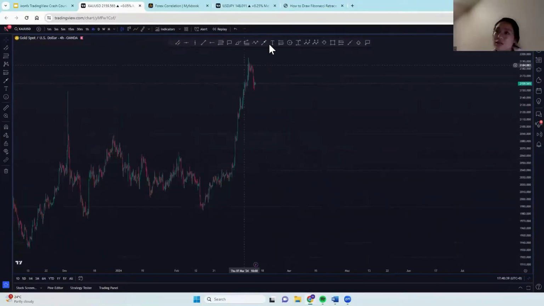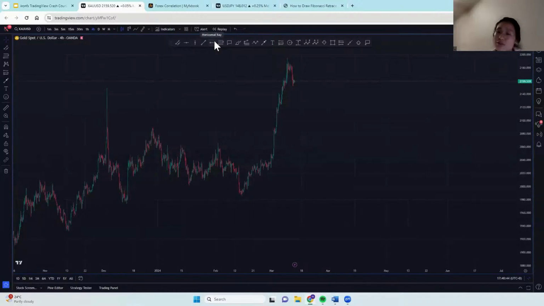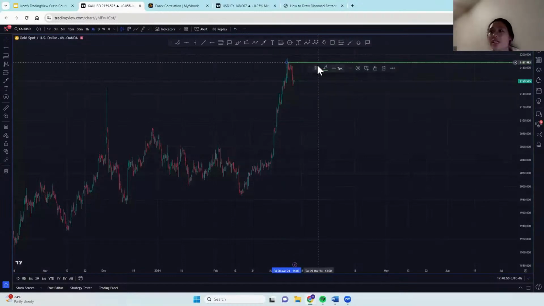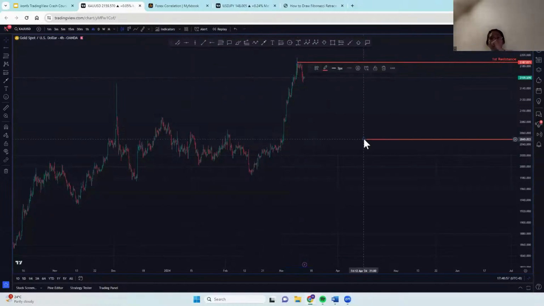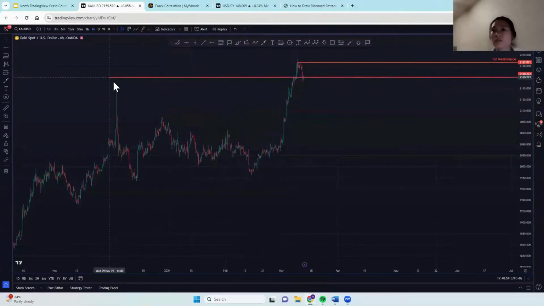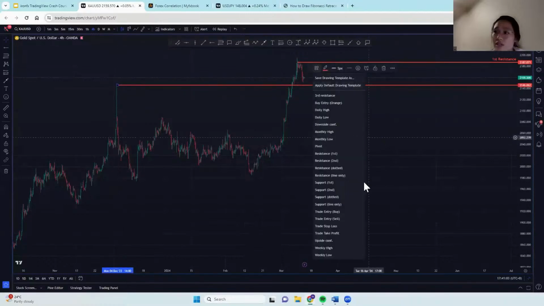Okay, so going in with our support and resistance levels again, I'm using this horizontal ray. Firstly, placing it at this first resistance, this very high. And then my first support, I will just place it here.